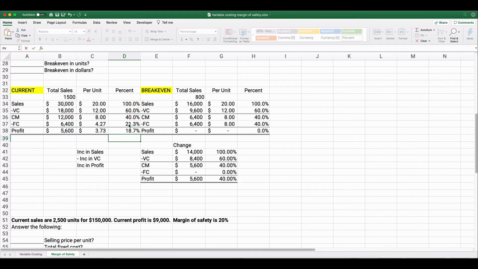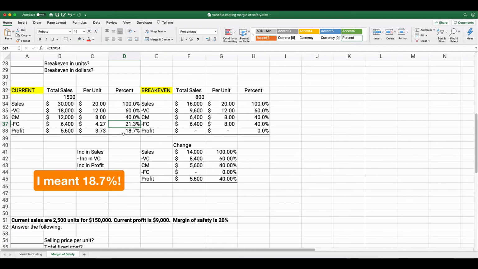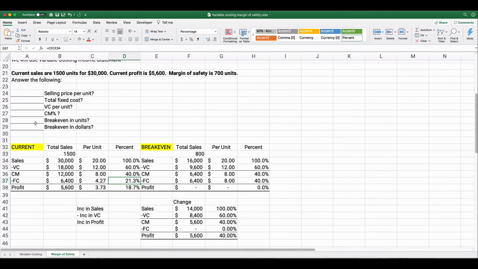And that all works out. So what we have is 40% minus 21.3 equals 18.4%. All right. Now let's do the next one. All right, there's our final answer.